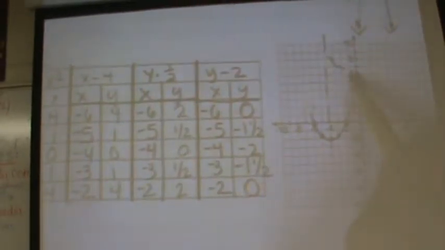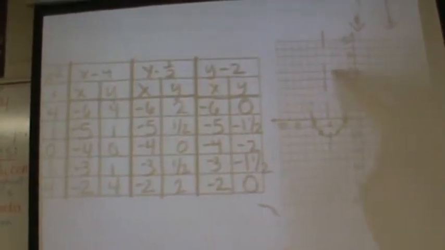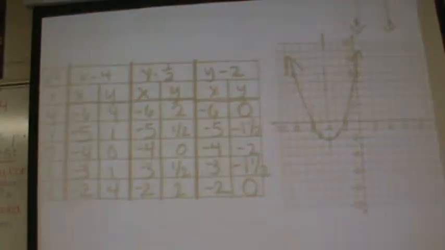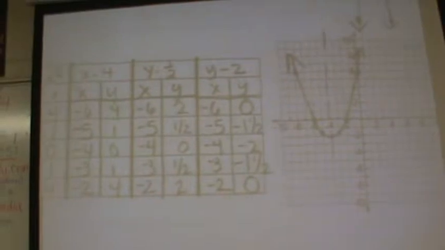So 4 units: 1, 2, 3, 4. I don't know why it looks awkward, but that's what it looks like. Okay?